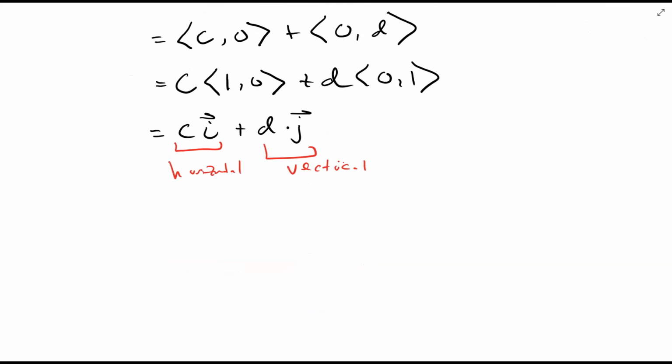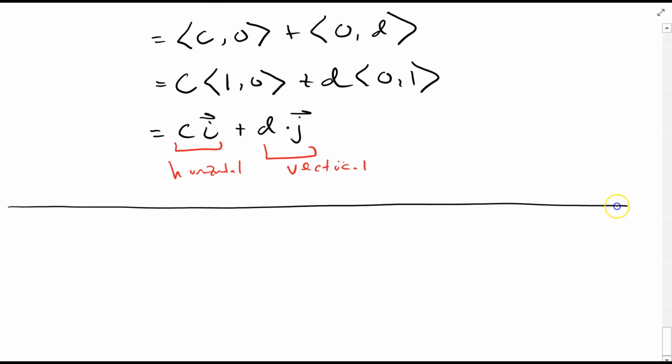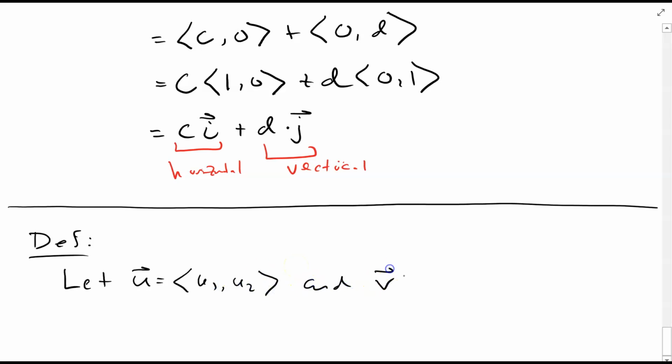Okay. So the next thing that we want to do is define another type of multiplication called a dot product. So let's say I have two vectors, u and v.